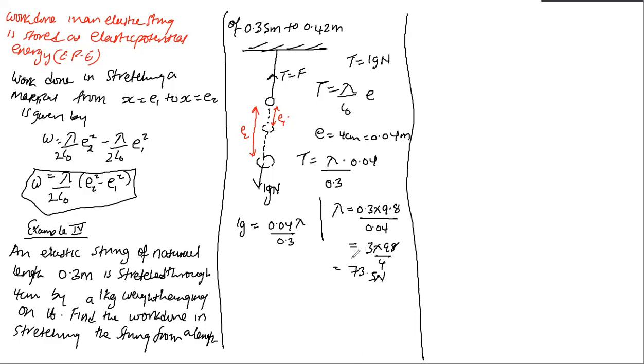Part 2 says, find the work done in stretching the string from a length of 0.35. So for 0.35, the extension produced here is 0.35 minus 0.3. The extension E1 is 0.05.